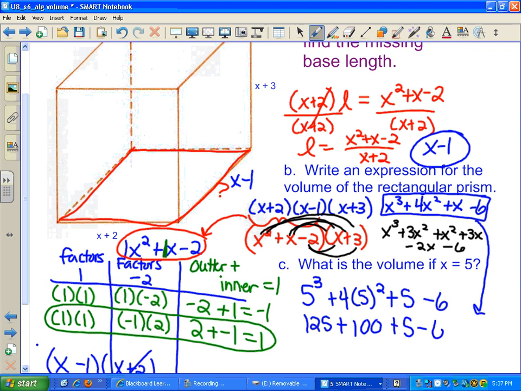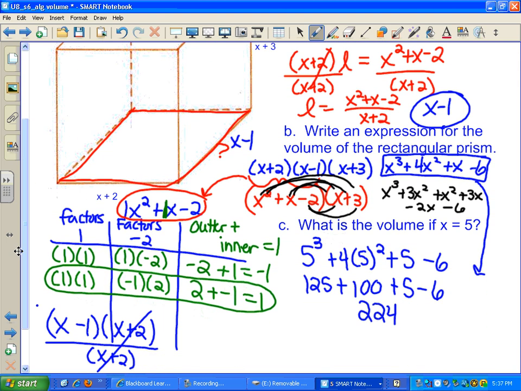Plus 5 minus 6. Well, 125 plus 100 is 225. Add 5, then subtract 6, and I get 224. And my units here, since I didn't give you any units, we're just going to say units cubed. So that would be the volume of that rectangular prism.